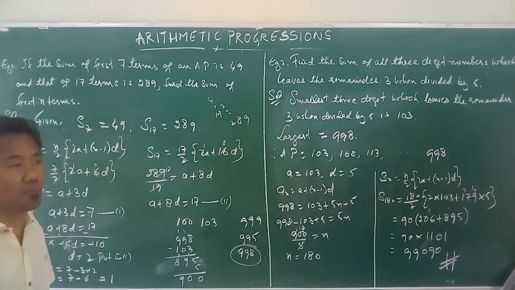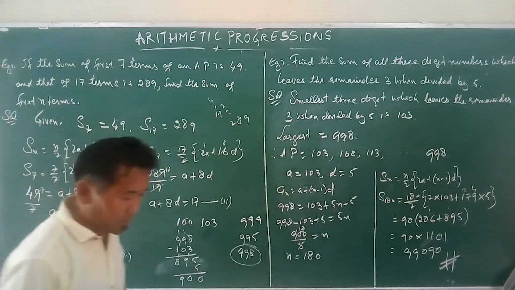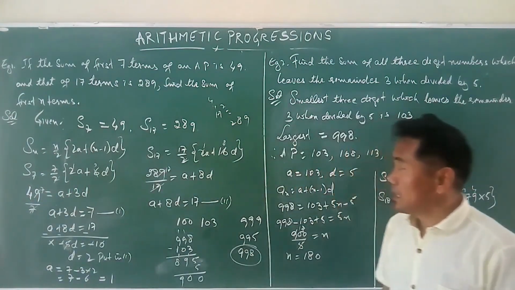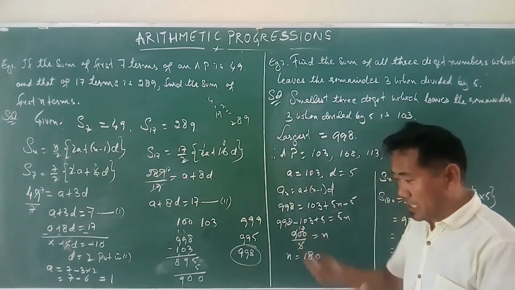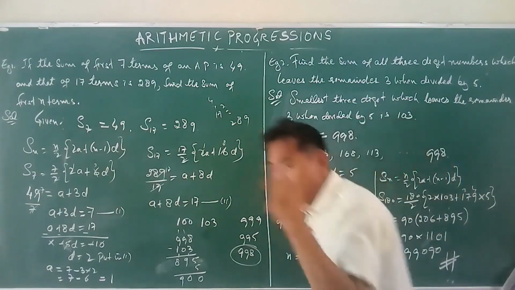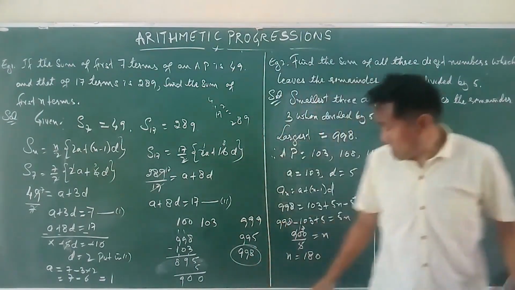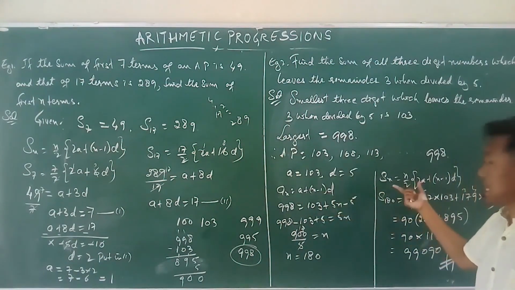We have the nth term formula, an equals a plus (n minus 1) d, and then we have the sum of n terms.